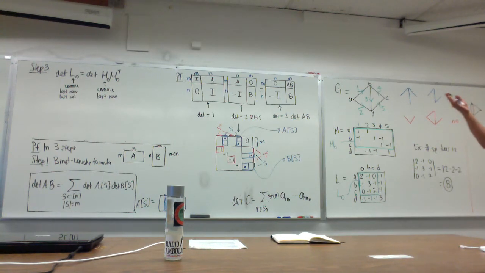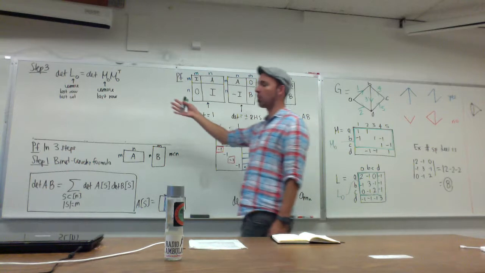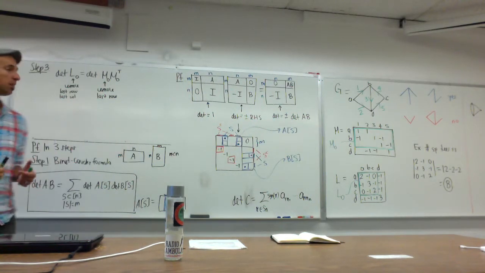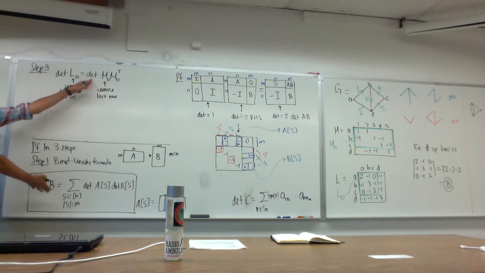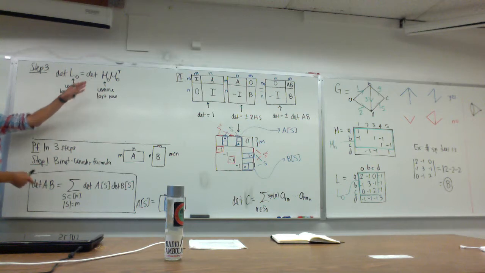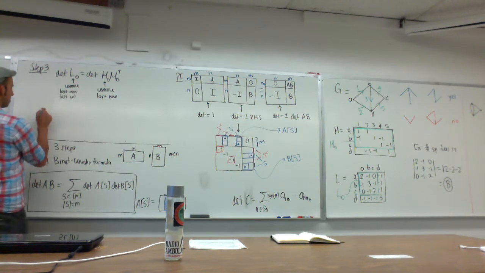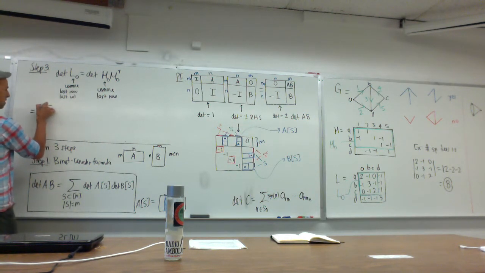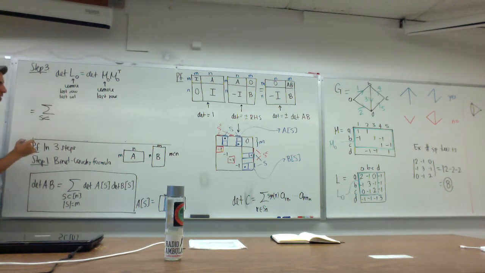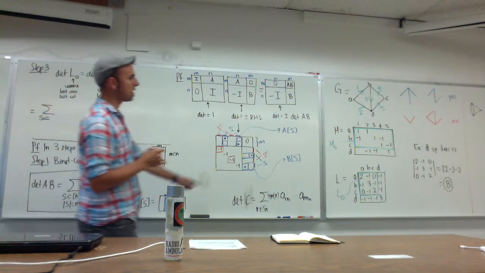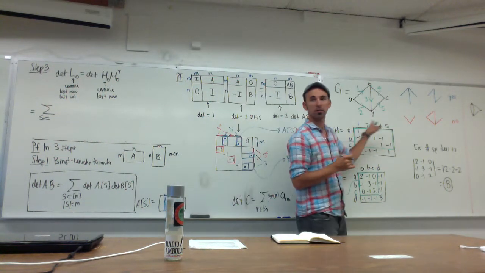Okay, so I have this, and I want to show that this is the number of spanning trees, and this is asking for me to apply the Binet-Cauchy formula. So the Binet-Cauchy formula tells me that I should take the sum over the subsets of what's n. N in this case is the edges, right?